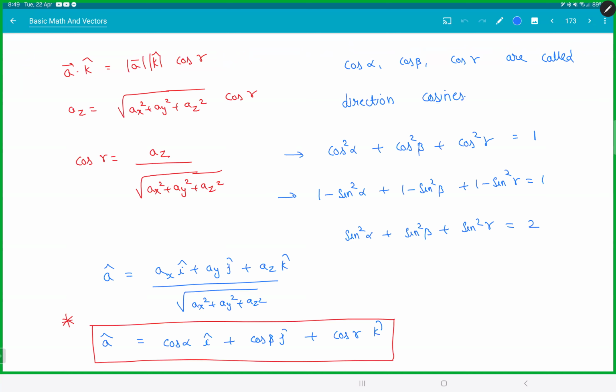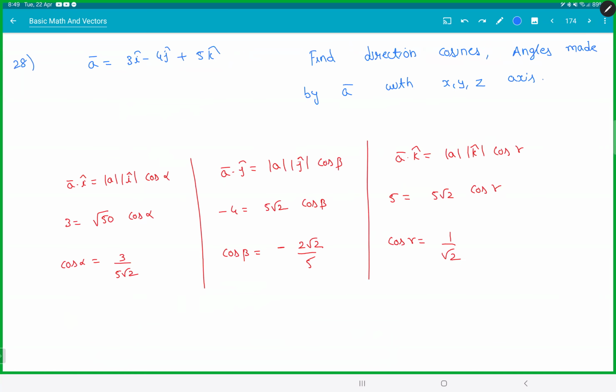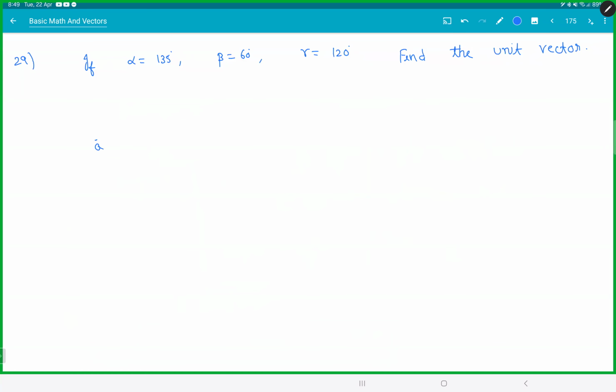This is the thing, cos alpha I cap, cos beta j cap, and cos gamma k cap. That's it. If you know that, you're done. Nothing was there in the question. So a cap is cos alpha I cap. That's what we call direction quotient. They'll give you the directions of a vector. Cos beta j cap and cos gamma k cap.